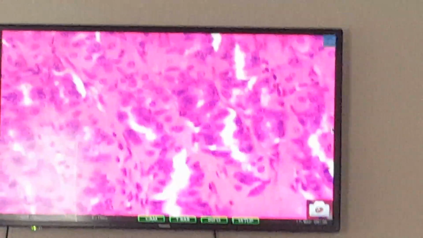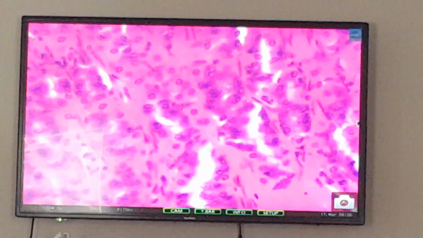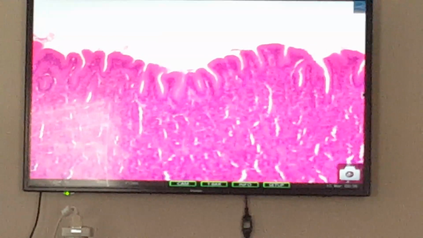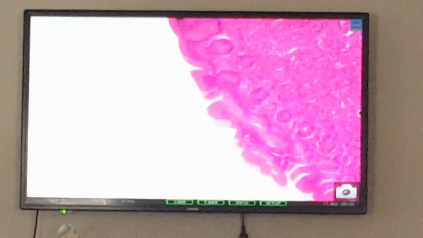part of the stomach that doesn't have parietal and chief cells. Parietal cells are really easy to identify when you have them. Let me go to a different section.